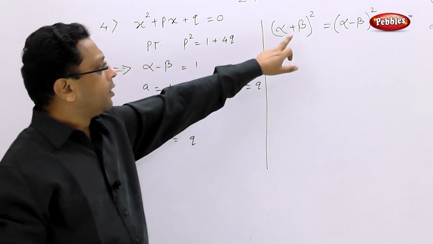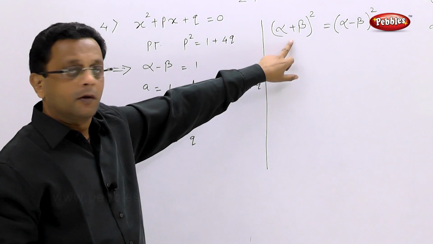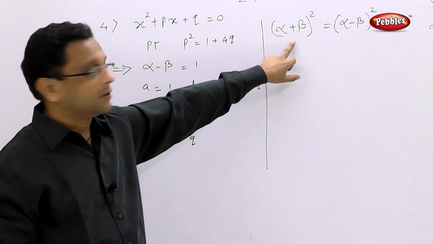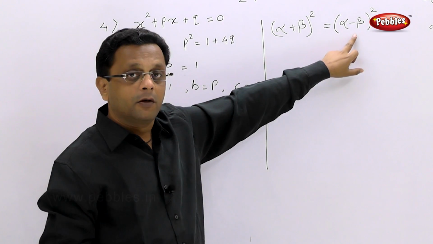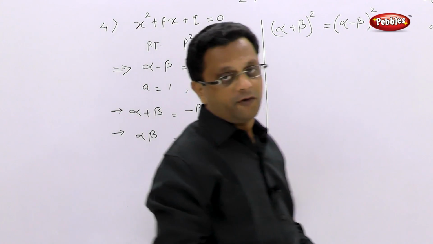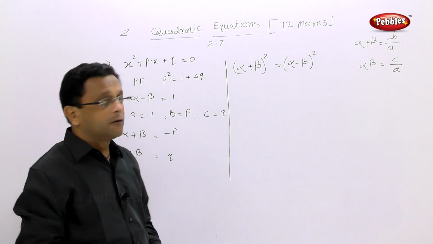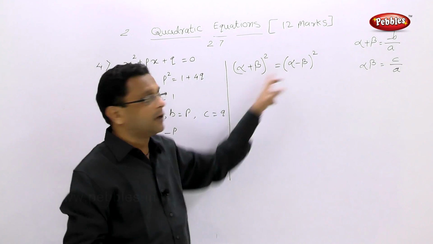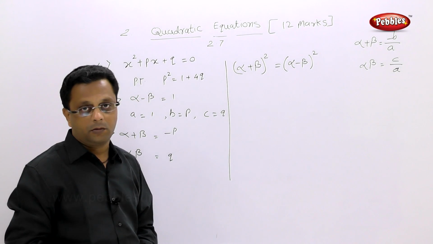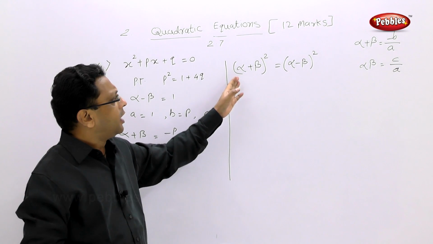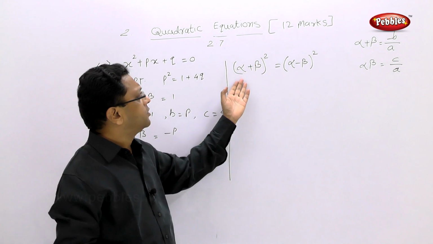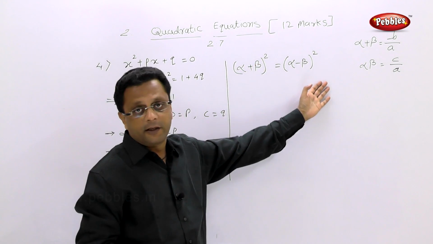How? Here the middle term is 2 alpha beta. Here the middle term will be minus 2 alpha beta. Now just tell me, can these two be equal? No, they will not. See, alpha square plus beta square is on this side and on the right hand side also.